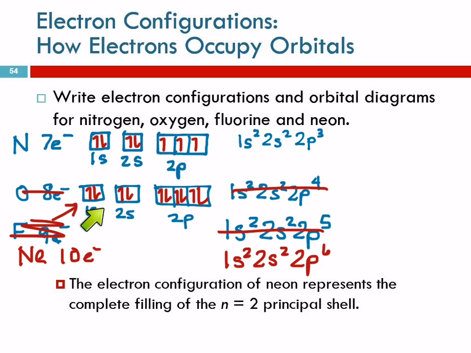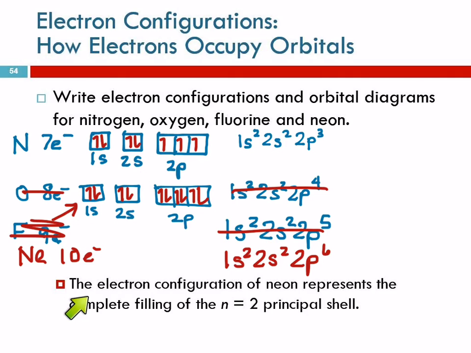Do you see how nice this orbital diagram looks? All the beds are full, right? Everything's just packed in there nice. There's no open spaces. It's just perfect. This happens with all of the noble gases. They fill up the rooms. The other elements, there's always some gaps here and there.